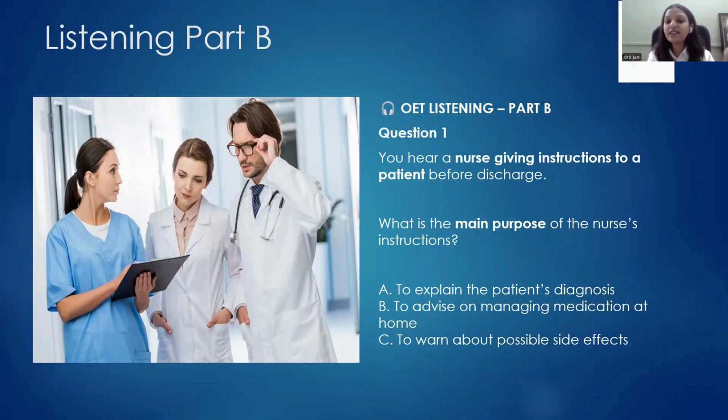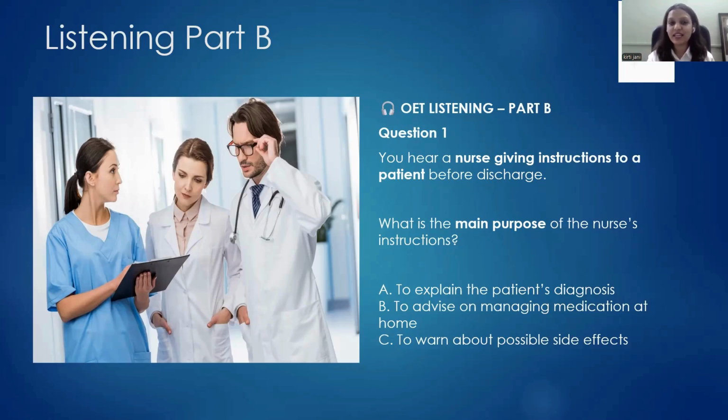You'll then have 15 seconds to read the question and 3 answer options. After 15 seconds, the audio is played and you select answer A, B, or C within a few seconds. The process continues for all 6 questions. This part assesses your ability to understand gist, purpose, attitude, specific information, and course of action.